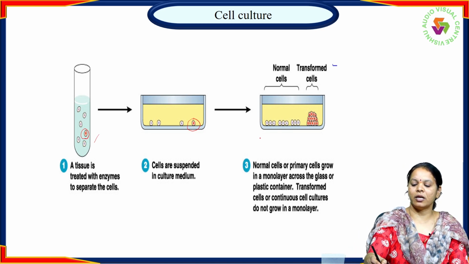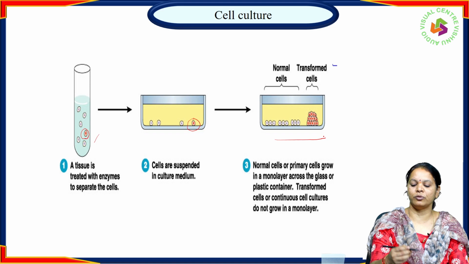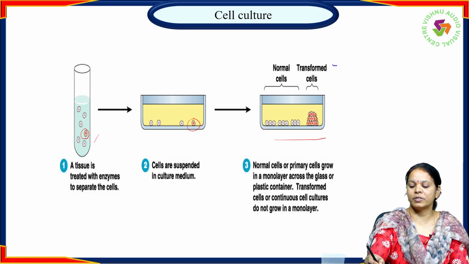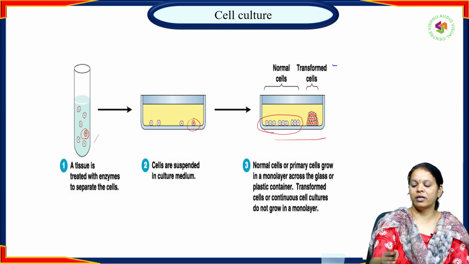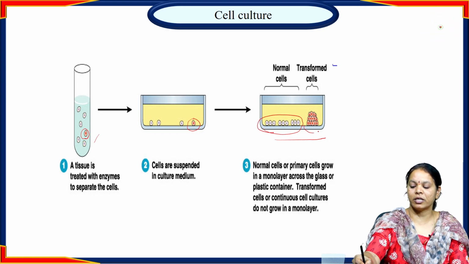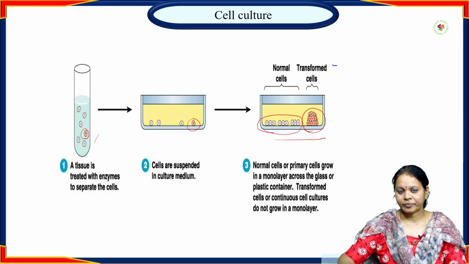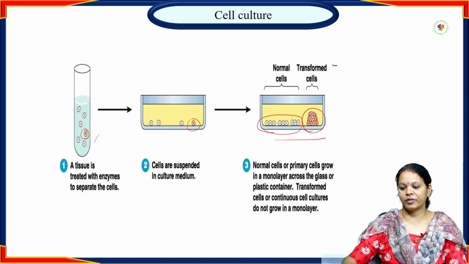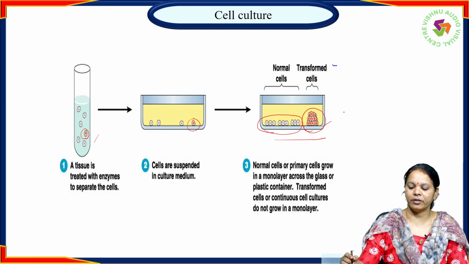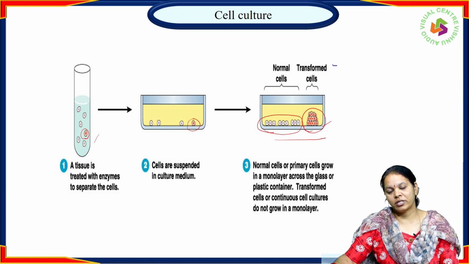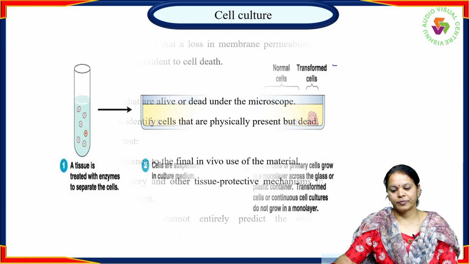If continuous cell lines are used, then the cells which are not reacting get added at one side, and the cells which are getting manipulated and resulting in abnormal proliferation can be easily identified. So this is how we can check for the cell toxicity using cell cultures.